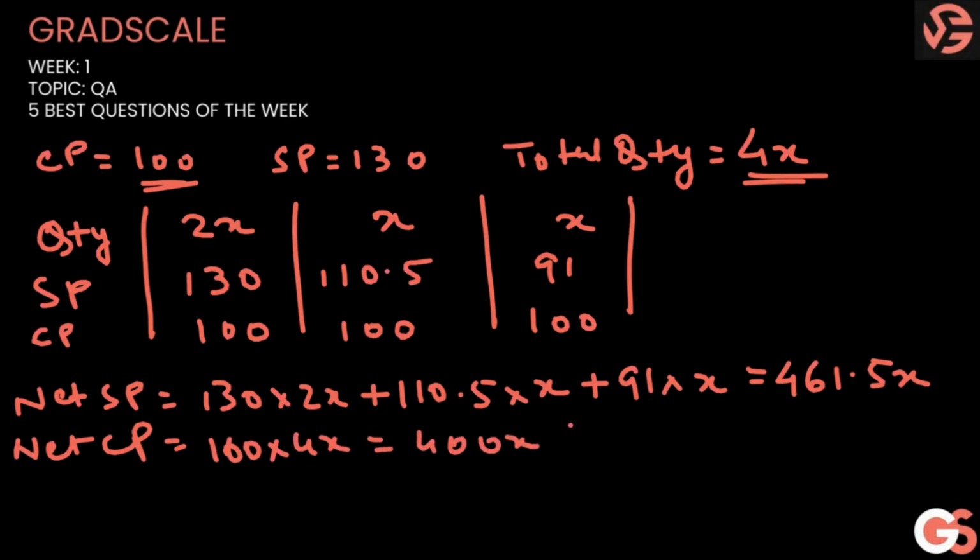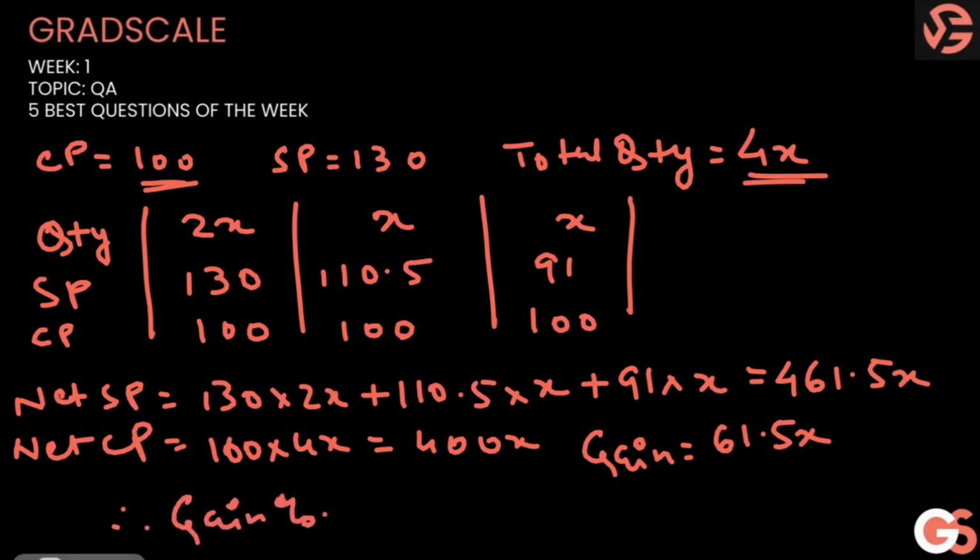Clear? So we can see that there is a gain here. So that means the tradesman makes a profit. So the gain becomes 461.5x minus 400x, that is 61.5x. Hence, the gain percentage, which is always on the basis of the cost price, the net cost price.